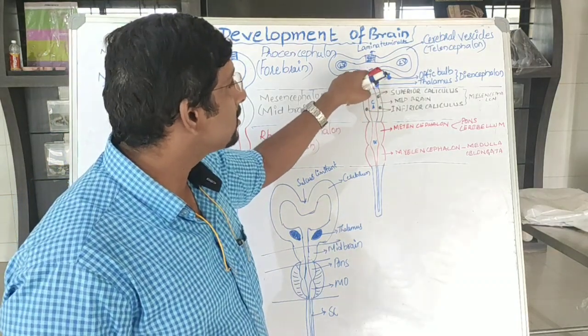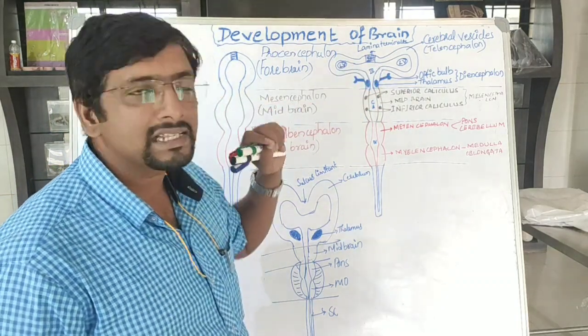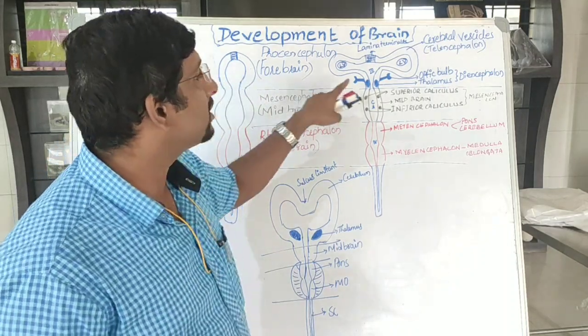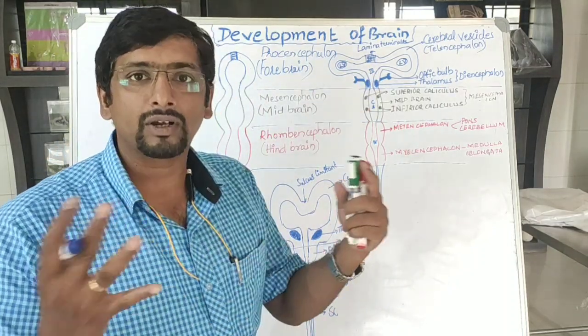So what happens in the prosencephalon? The caudal part of the prosencephalon is not going to bulge up.